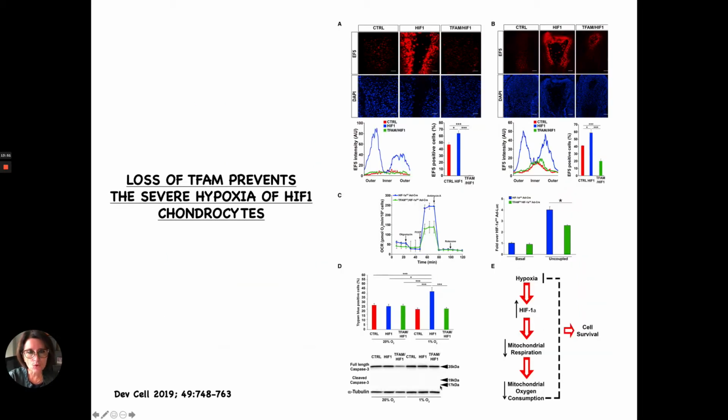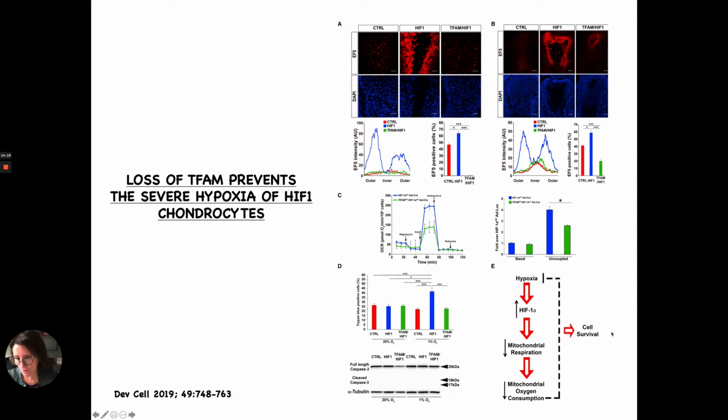Now, interestingly, you remember, these cells have levels of ROS that are indistinguishable from controls. So if we now put everything together, this data are consistent with the notion that in vivo, one of the key functions of IF1 is to suppress mitochondrial respiration, to suppress mitochondrial oxygen consumption, to keep hypoxia in check, and this would allow for cell survival.